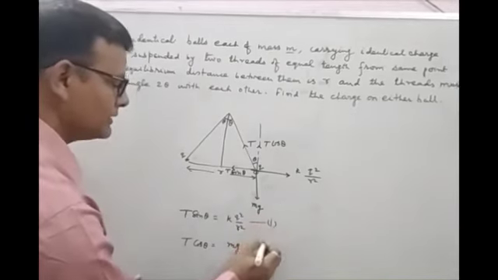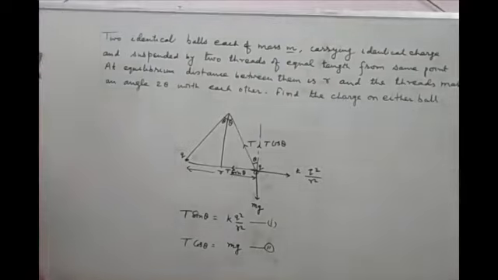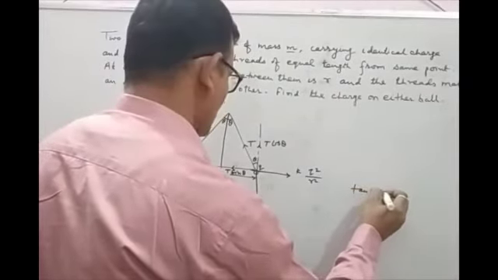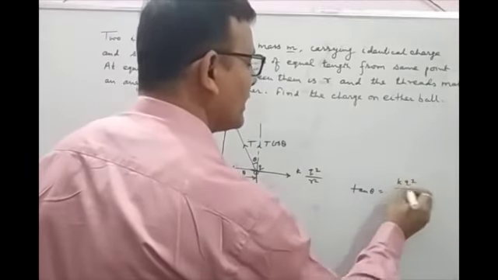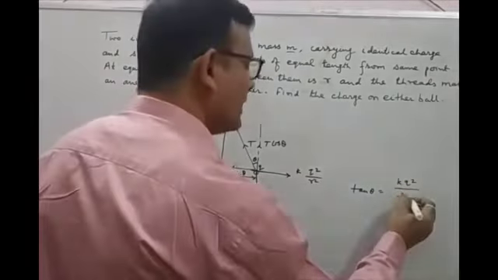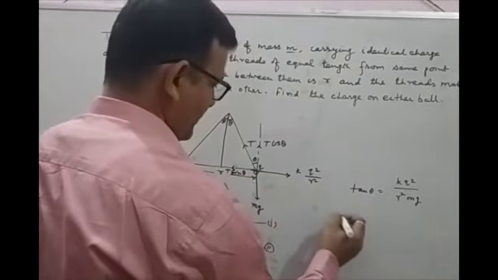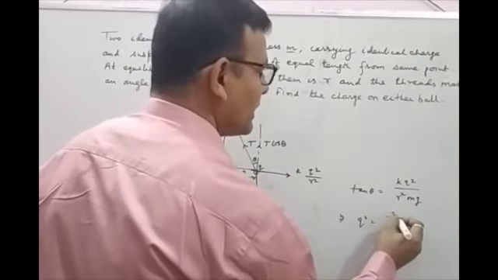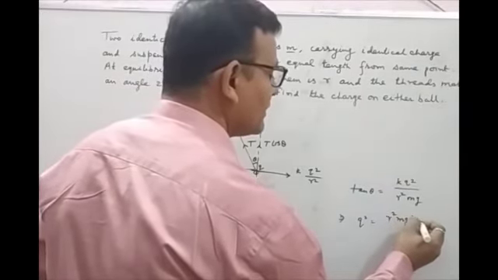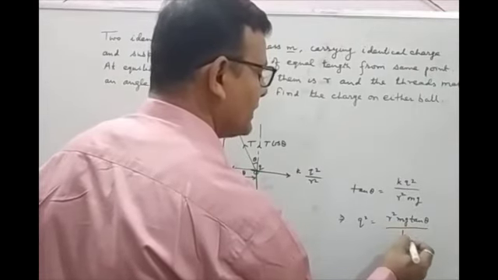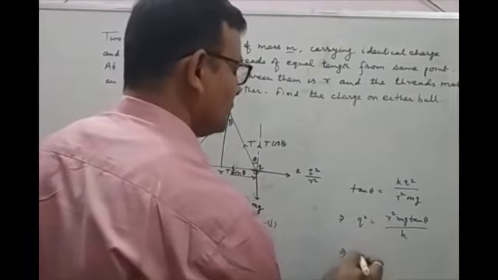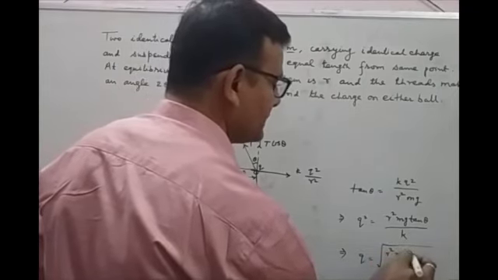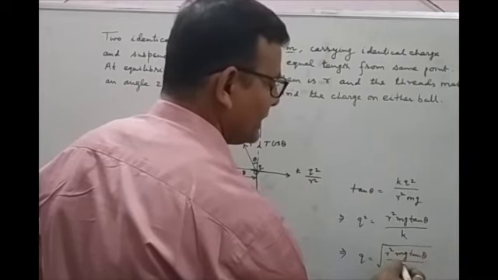Solving these two equations, we get tan theta is equal to k q square by r square mg, and from here q square is equal to r square mg tan theta divided by k, and q is equal to under root r square mg tan theta divided by k.